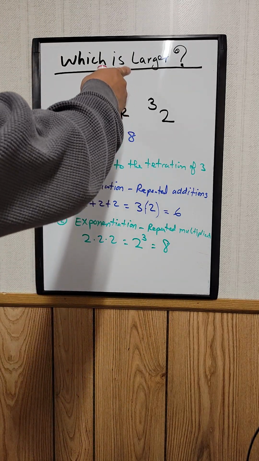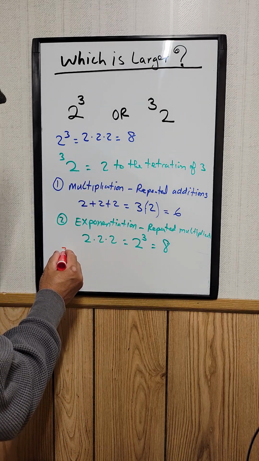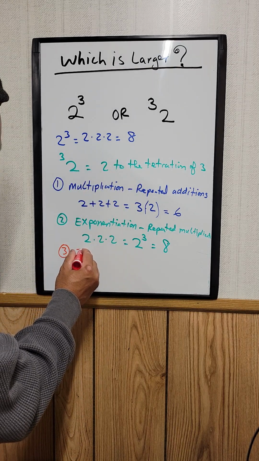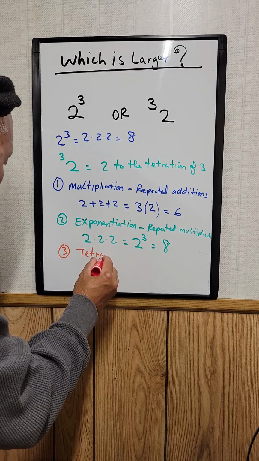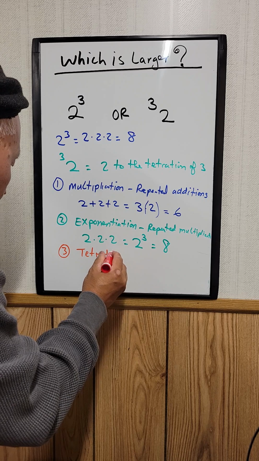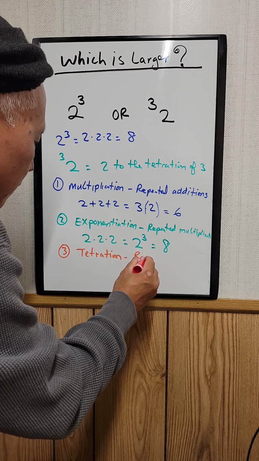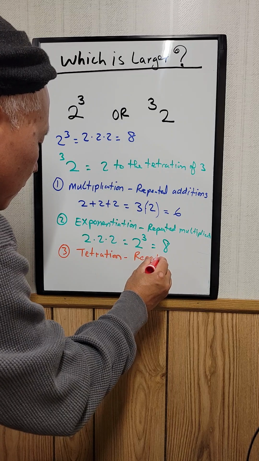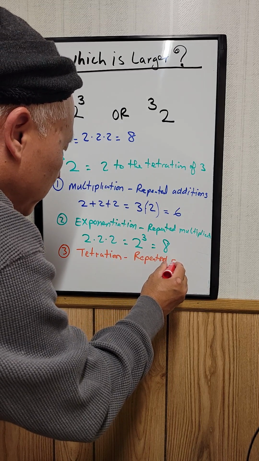Now we're going to try to understand what a tetration is. Tetration is just a repeated exponentiation.